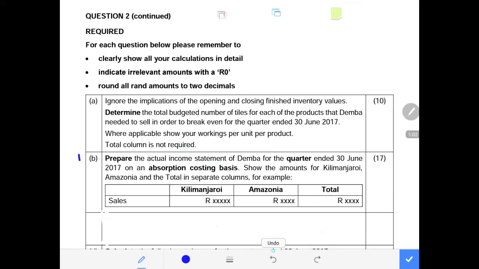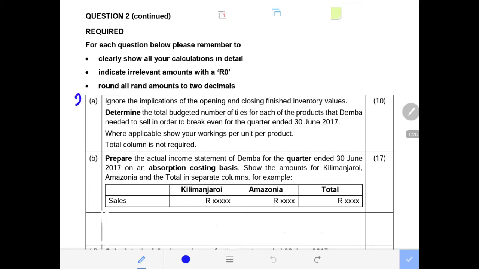And we are to show the amounts for Kilimanjaro and Amazonia and the total in separate columns. They gave us the example, the sales and the cost of sales for each product separately in one column, and also the total column. So this is what we are required to do.